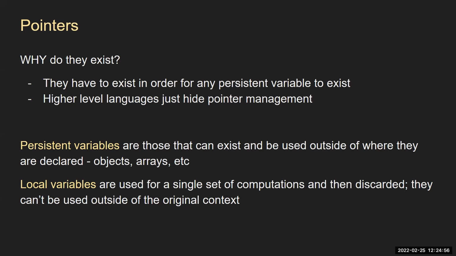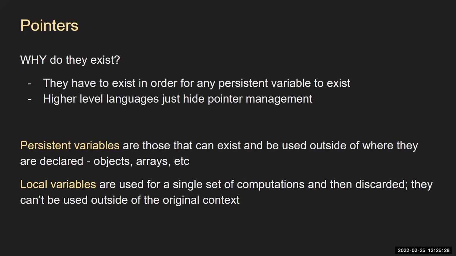Persistent variables are the opposite of that, where you have something like an array or an object in a language like Java, and you can declare it in the function, but you can actually hand it to something and use it outside of where it's declared. So you can have a function make an array, for example, return it, and then whatever outside program you want can actually use that variable.